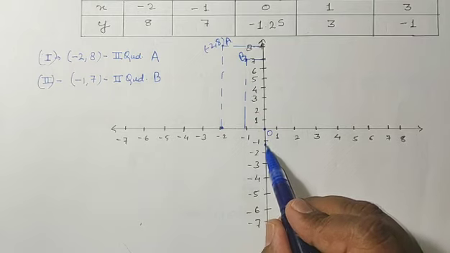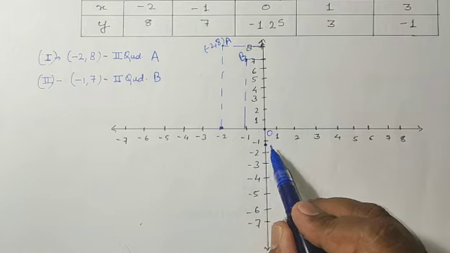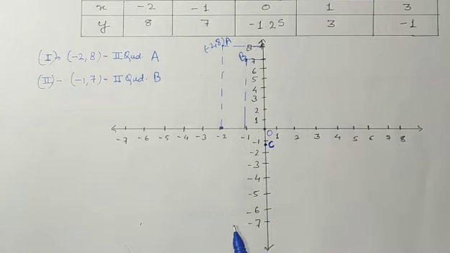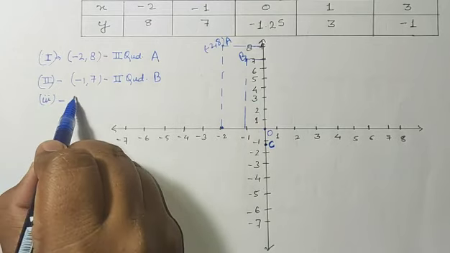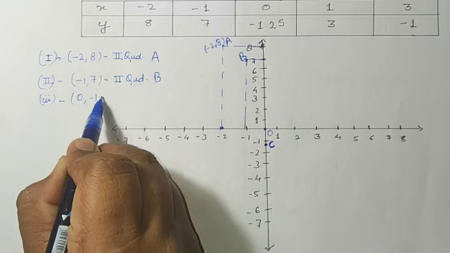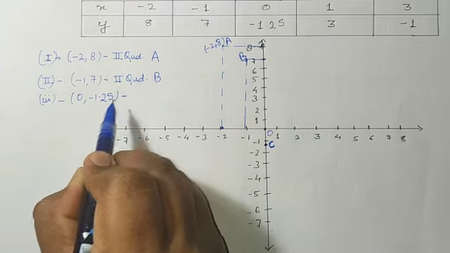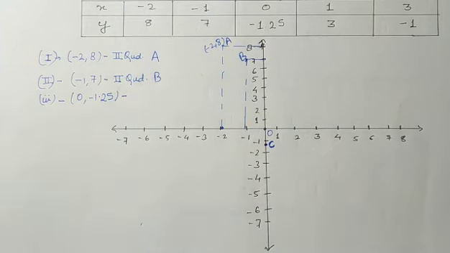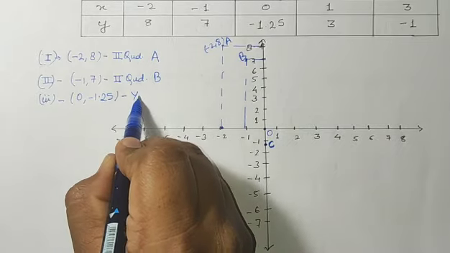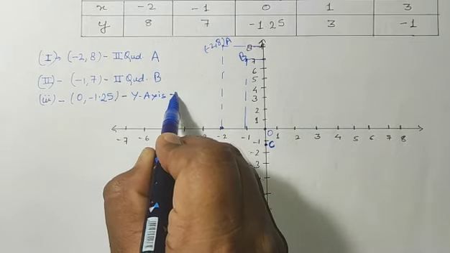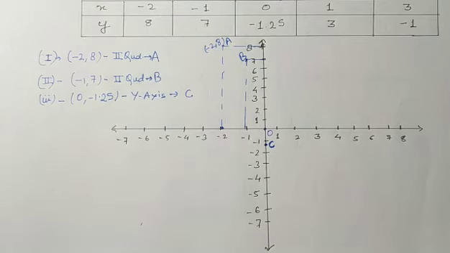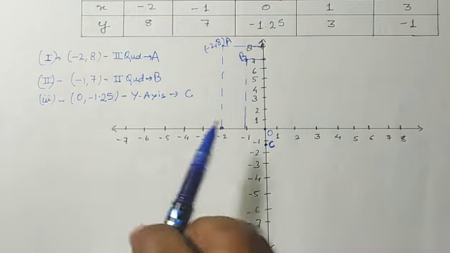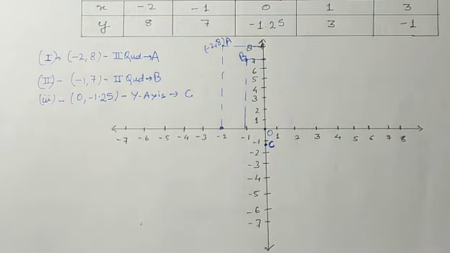Suppose this is the point minus 1.25 and it is C. It will lie where, students? See, it is on the y-axis now, so it will lie on the y-axis and we have represented it by point C. Why am I writing the name? Because it will be clear to you easily to which point we have represented.